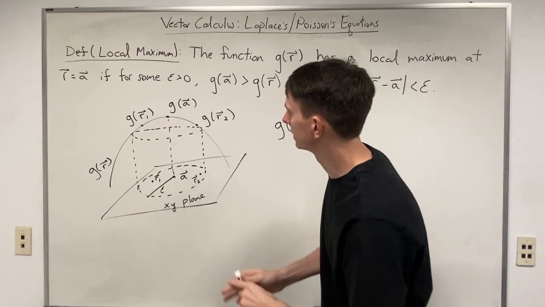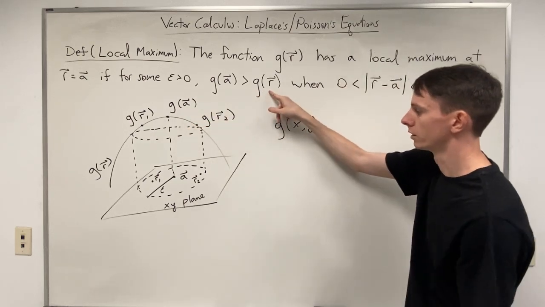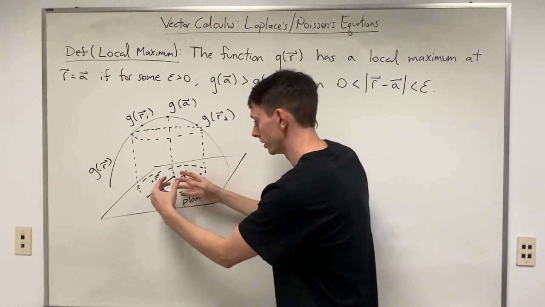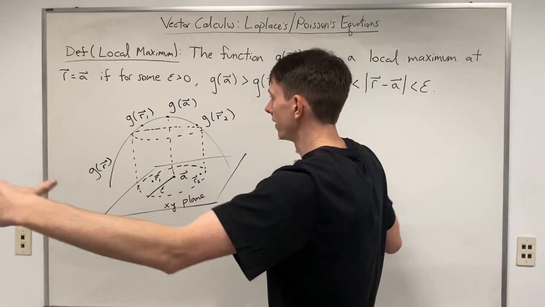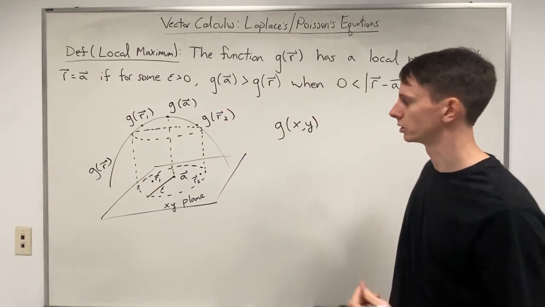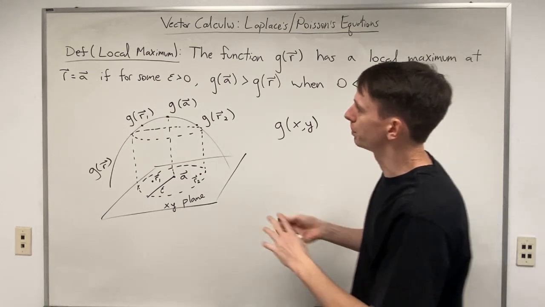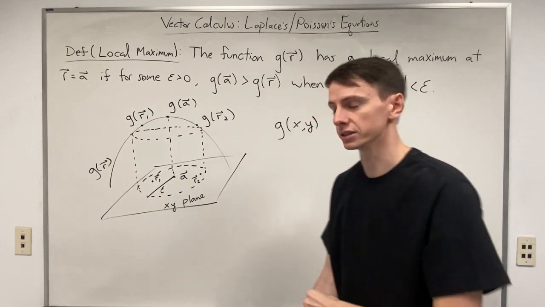If you were to generalize this and say that not only does G of A need to be greater than G of R for all epsilon, in other words, this circle in 2D space can be any size, in that case you don't have just a local max, but you have a global max.